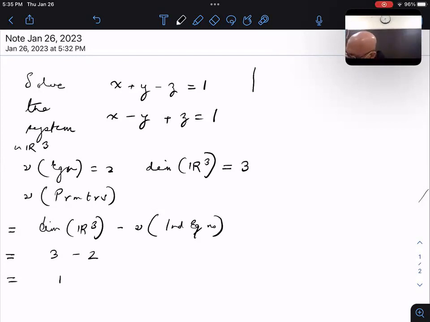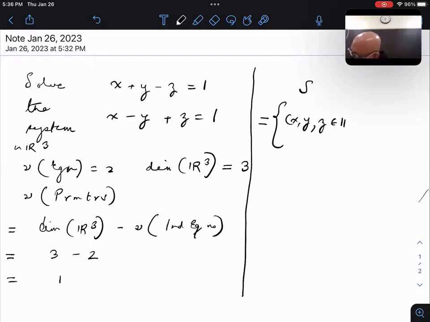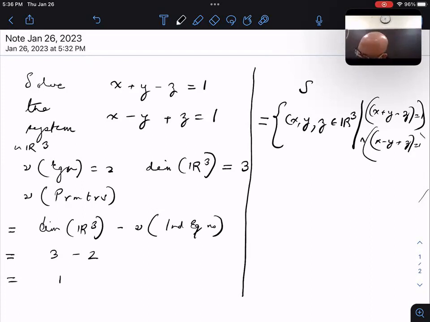So the set that we are talking about is S, which is defined to be the set of x, y, z in R3 such that x plus y minus z is equal to 1 and x minus y plus z is equal to 1. Oh, this became a bit messy.